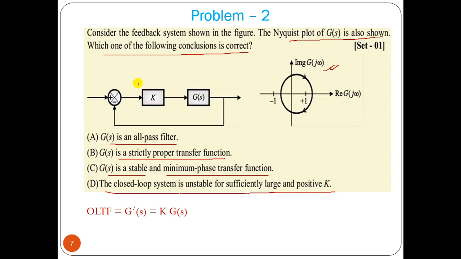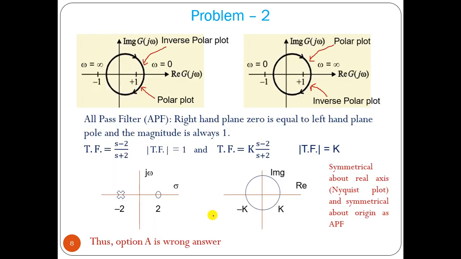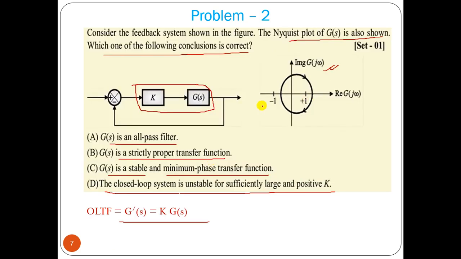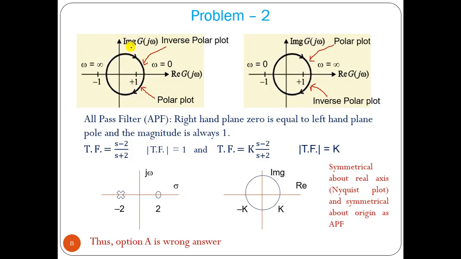Now, from this we can find out the open loop transfer function, that is say G dash S, that is k into G(s). Now, if this is your Nyquist plot, we can find one plot that starts from omega equal to 0 this way and reaches omega equal to infinity.